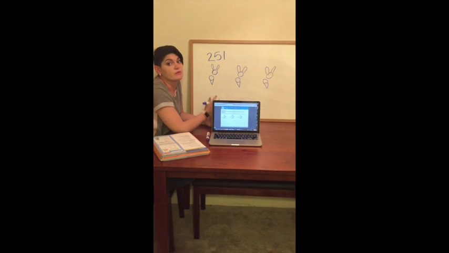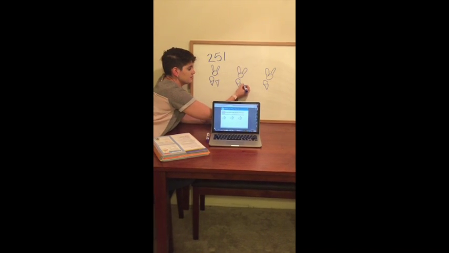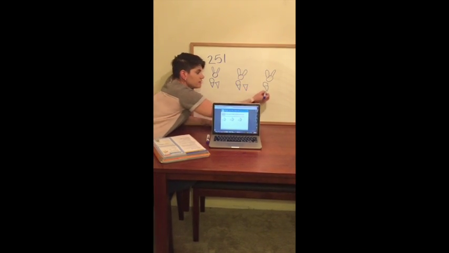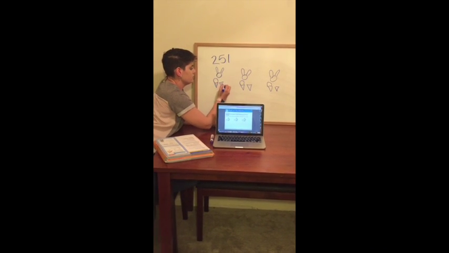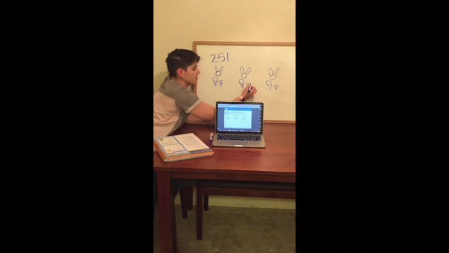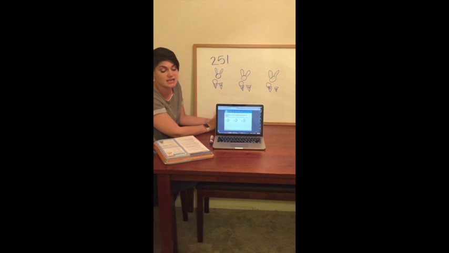And that's 3, so we're going to start over again. His first rabbit gets a carrot, his second rabbit gets a carrot, and his third rabbit gets a carrot. Now we have 1, 2, 3, 4, 5, 6 carrots. Those are all of Nolan's 6 carrots.